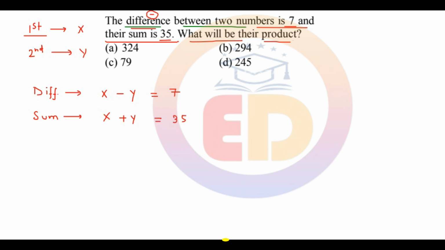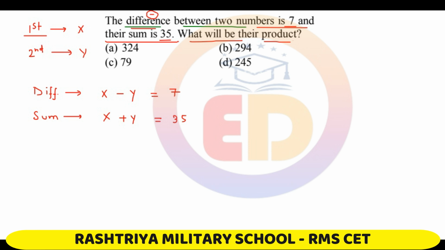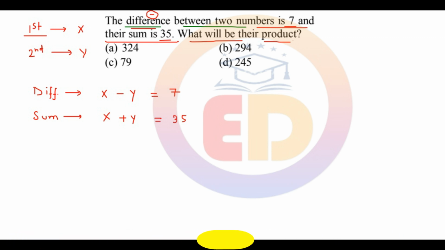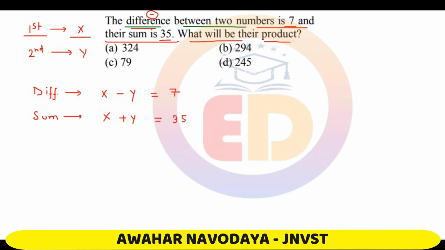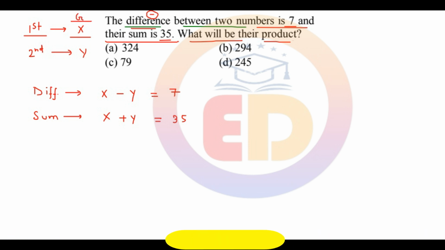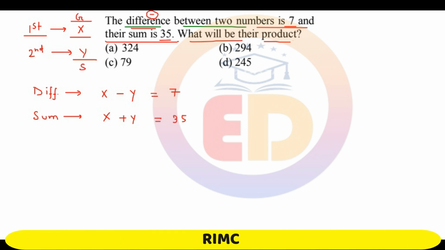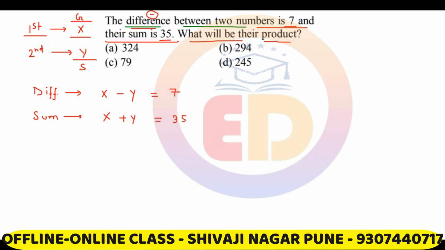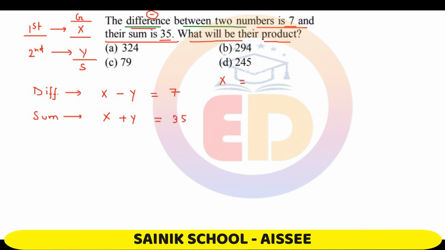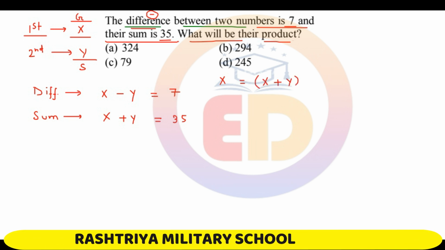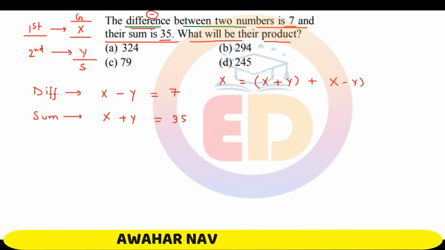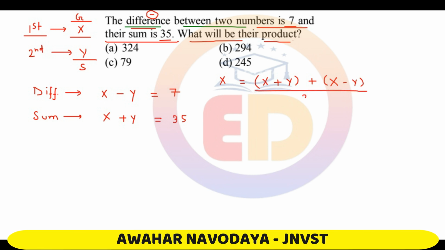Now in this question we have one assumption. We have assumed that the first number x is greater and the second number y is smaller. When the difference of two numbers is given and their sum is given, then remember the greater number x will be given by the formula (x plus y plus x minus y) upon 2.